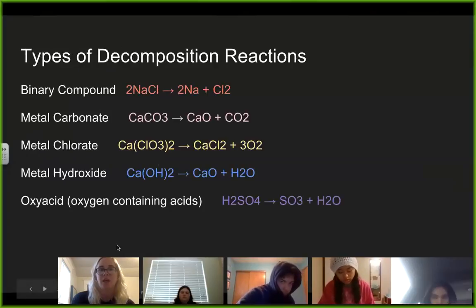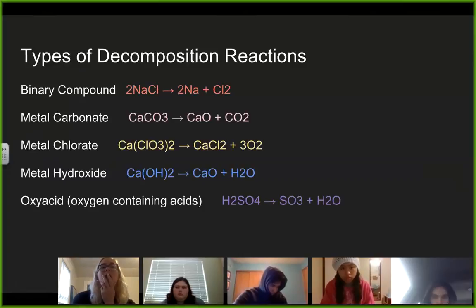Now, we see 1, 2, 3, 4, 5 different options here. Again, this is all about recognizing the pattern. So I would write these down. I'll give you a minute or so here to write before I start talking.